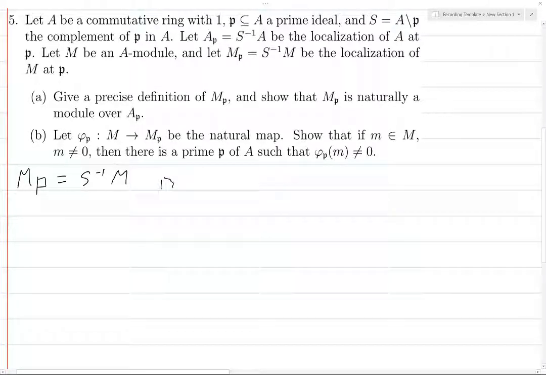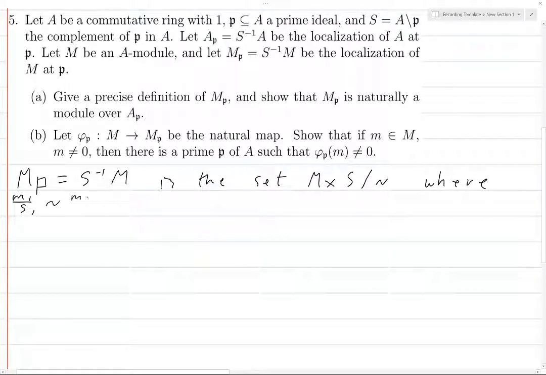So this is the set M cross S, and we're going to mod out by an equivalence relation. That's defined as follows.